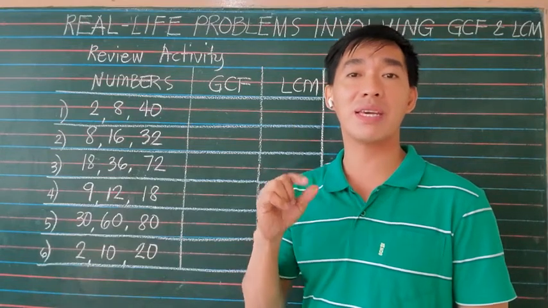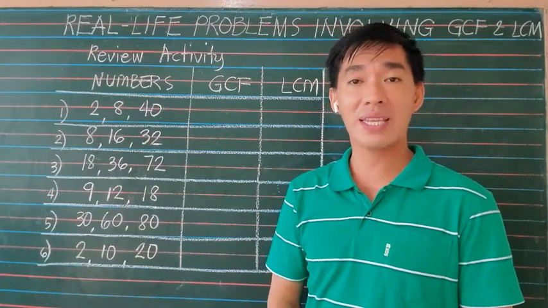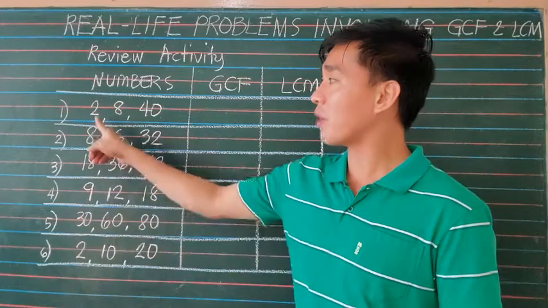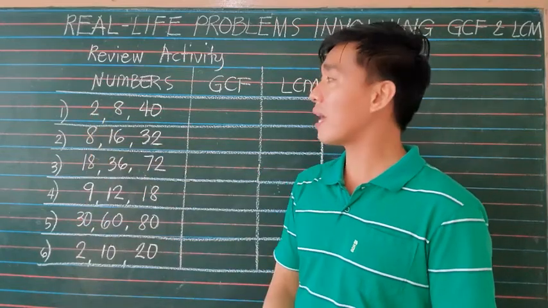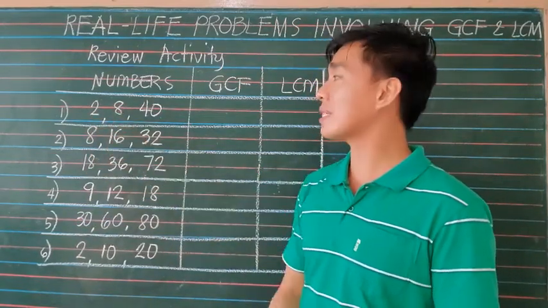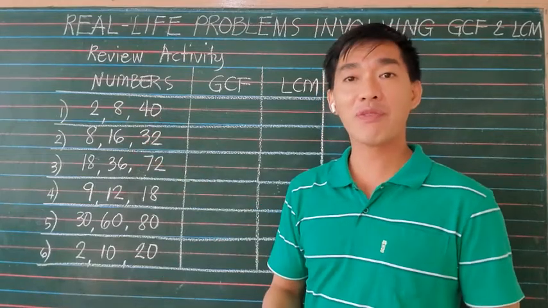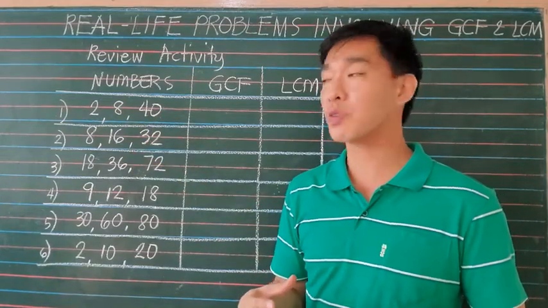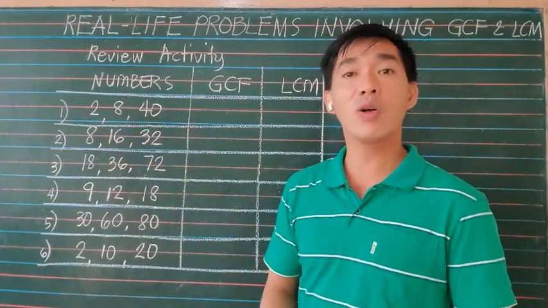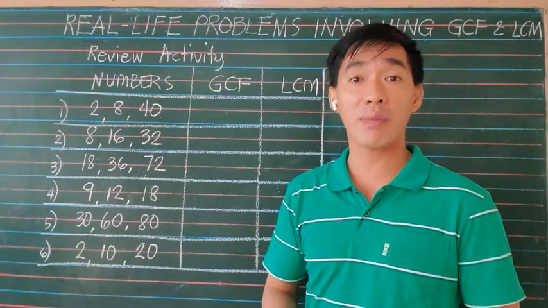The first method is the listing method, wherein you will list down the factors of 2, the factors of 8, and the factors of 40. After you have gotten the factors of these numbers, all you have to do is look for their common factors.